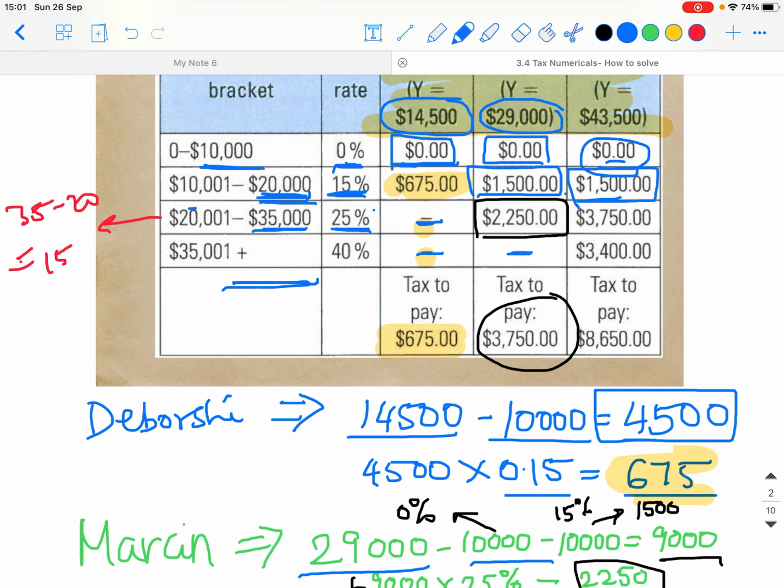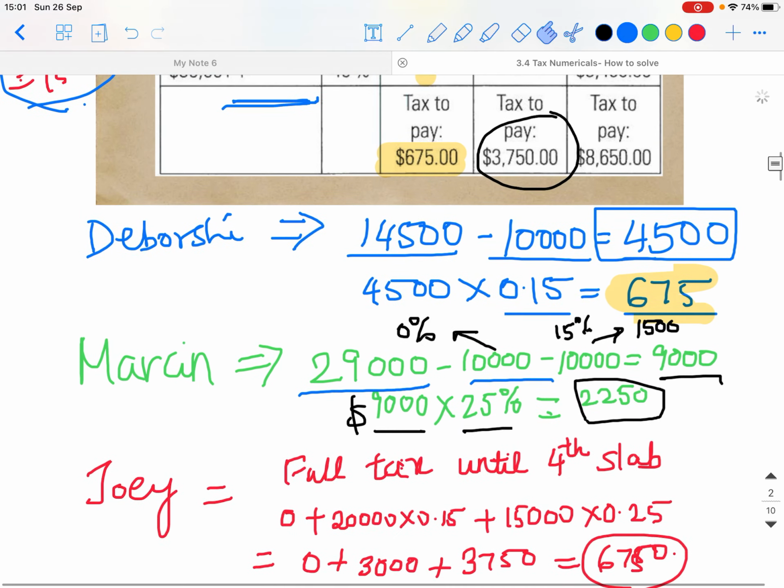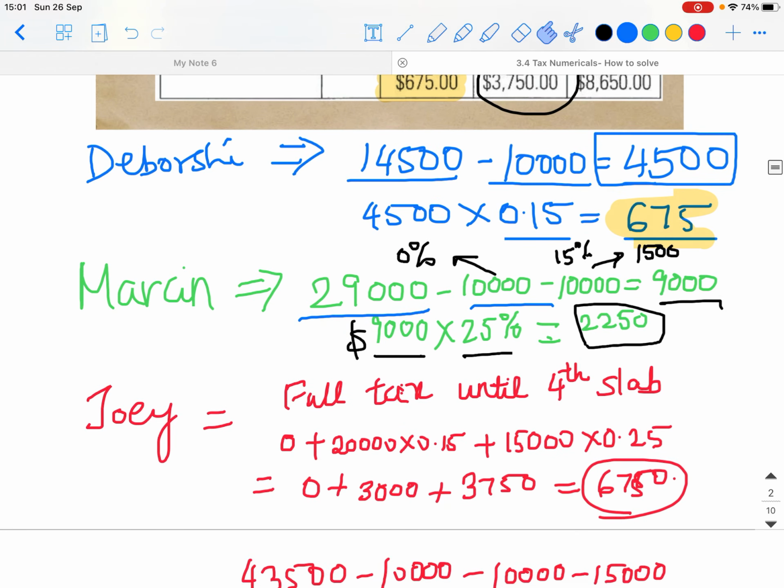The next one is the 15,000. We can see over here that this is a 15,000 slab. So for the next 15,000, it's going to be 25%. Here is the calculation that you can see. I will underline it in black.